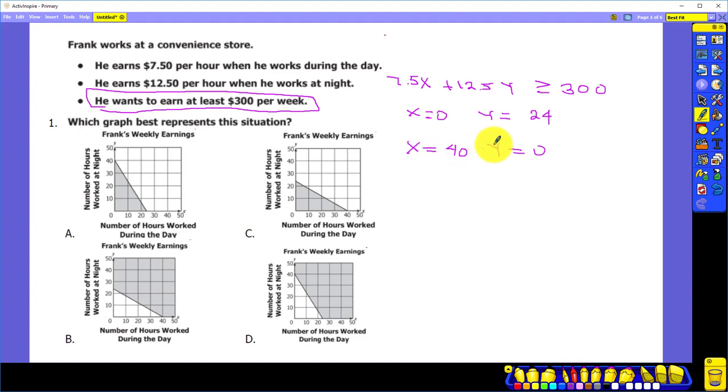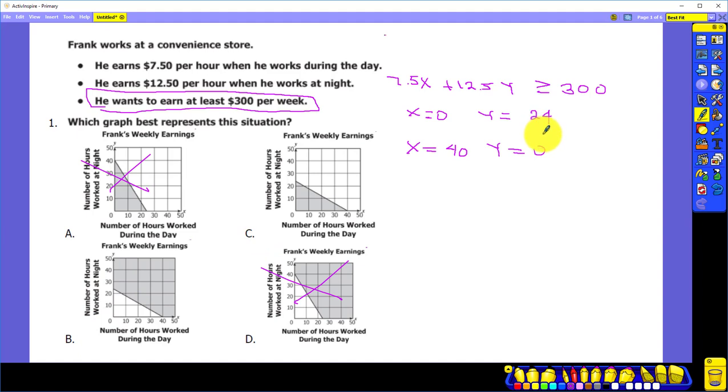Alright, so for my x-intercept, I should get 40, 0. This is not 40, 0, so we can cross this one out. This is not 40, 0, cross this one out. Okay, this is 40, 0. So we are down between option B and option C. Note that the y-intercept is 24.